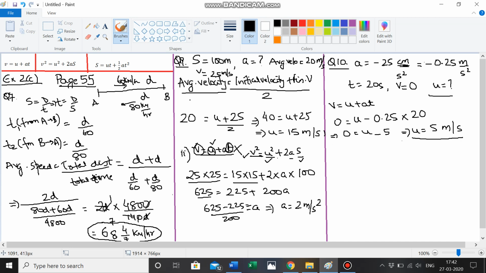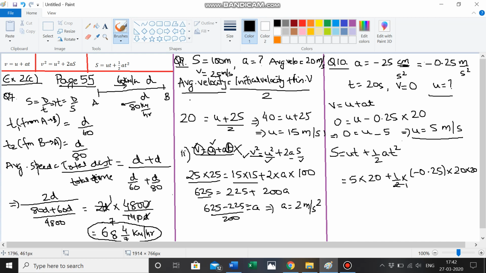The second part of the question says distance traveled. So for distance traveled, we know the formula s is equal to ut plus half at square. u is 5. Time, what was the time? 20 seconds. Plus half into a. How much is a? Negative 0.25. How much is the time? 20, which means 20 into 20.